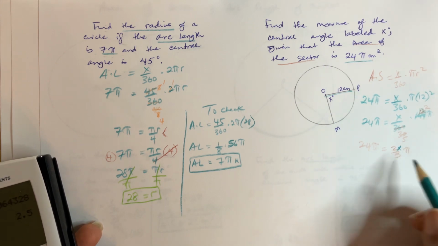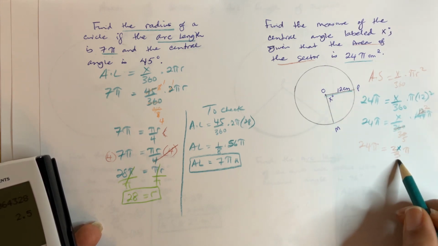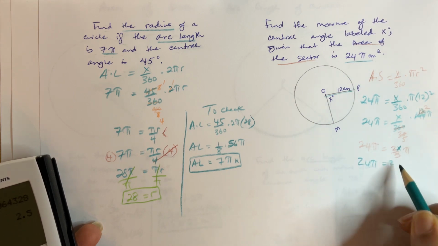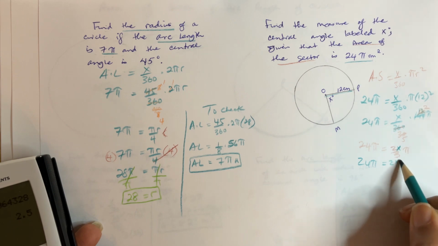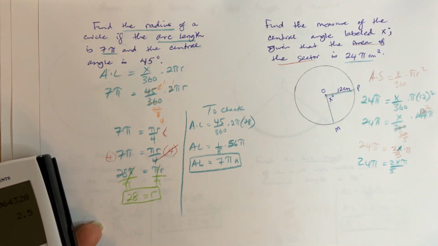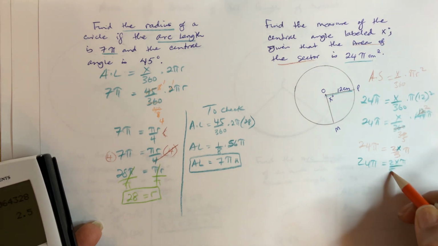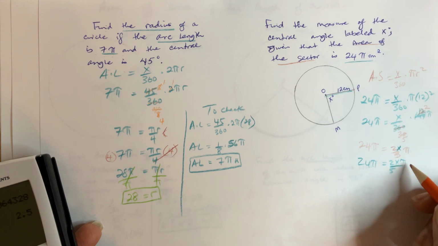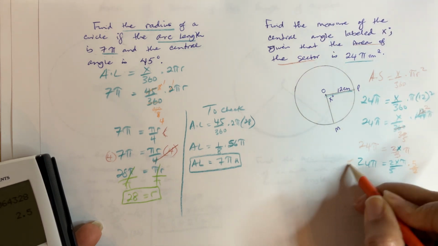So now I am going to rewrite it: 24 pi equals 2 fifths x pi. Because I have a fraction here, which is 2 fifths, to get rid of it I'm going to use the reciprocal, multiplying both sides by 5 over 2.